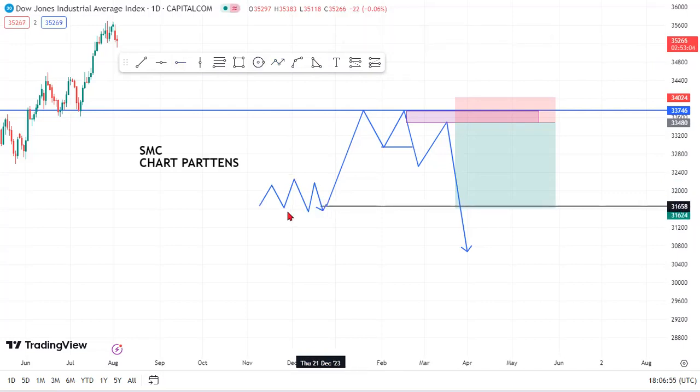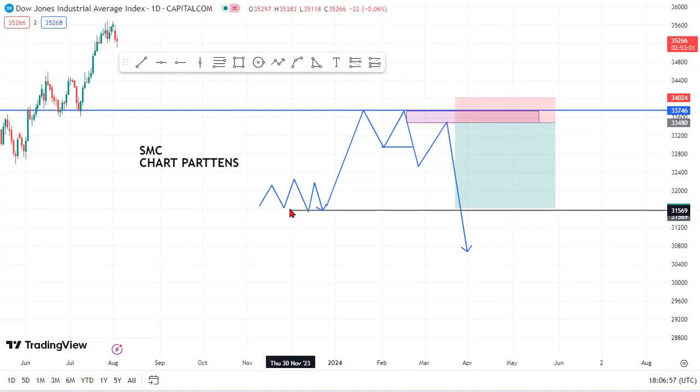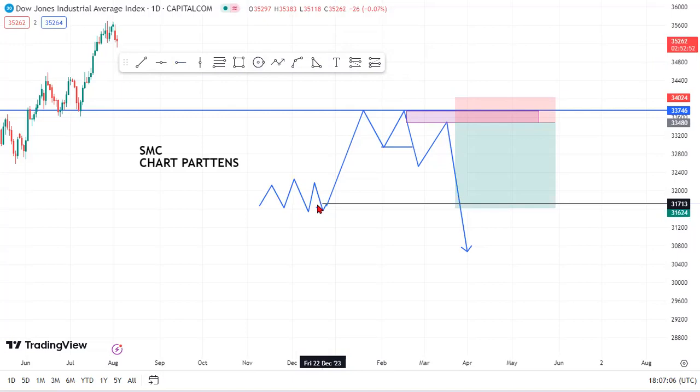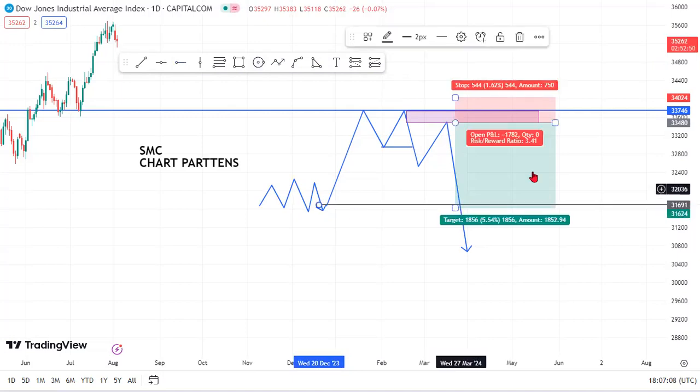Or you can use the 90% rule, whereby you take the low, since this is the low that gave us this high, and you put your take profits here.